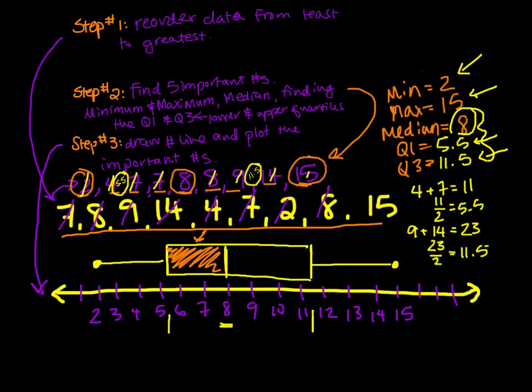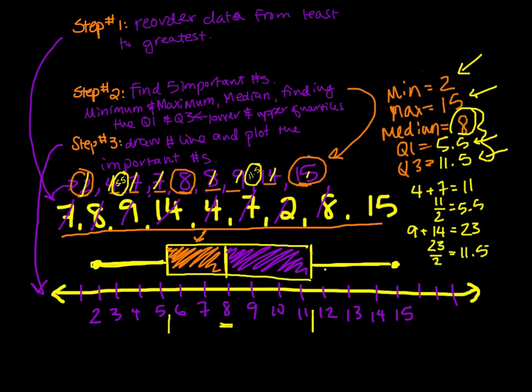Another 1/4 of our data falls right here in this area. And if you notice, it expands more numbers. Well, the same amount of data fits in that more expanded box as the same amount of data fits in the less expanded box. As well, we have 1/4 of our data on this left-hand side, and we also have 1/4 of our data on this right-hand side. Kind of cool.